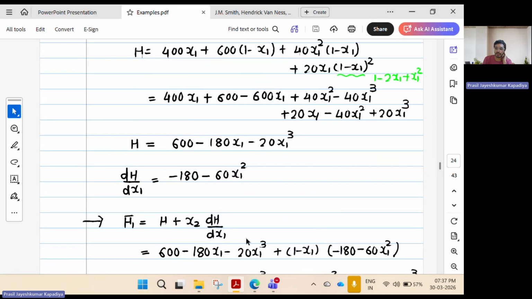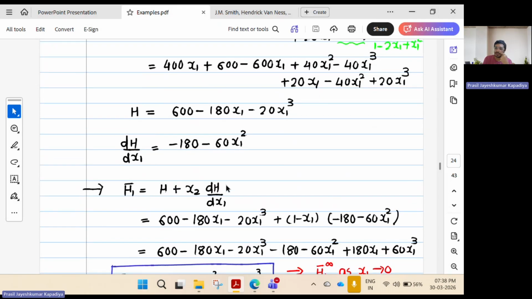So what do I need to find out? I need to find out how H varies with x1. My expression for H is 600 minus 180 x1 minus 20 x1 cube. So dH by dx1 will be equal to: the first term differentiates to 0, this term is minus 180, and minus 20 x1 cube gives 3 x1 square, so minus 60 x1 square.